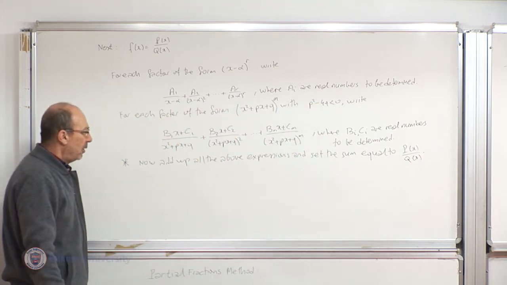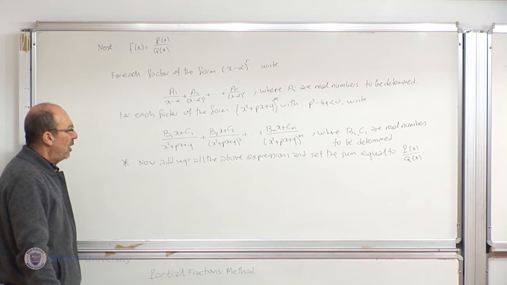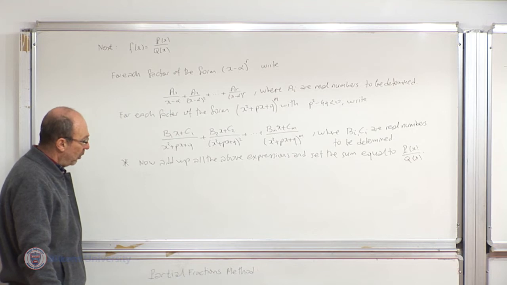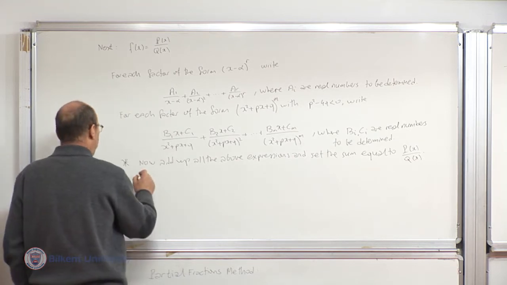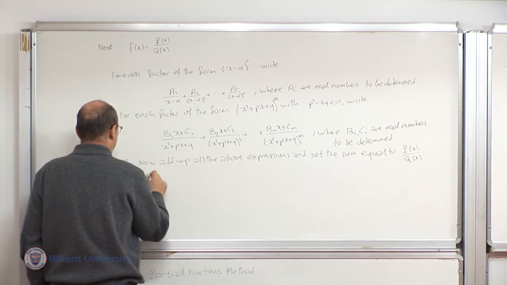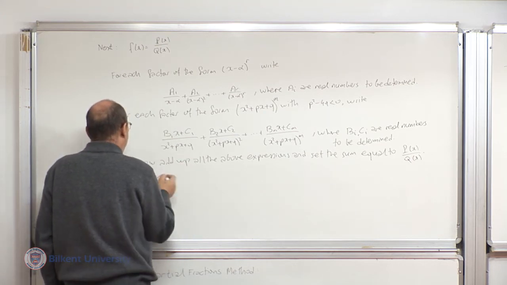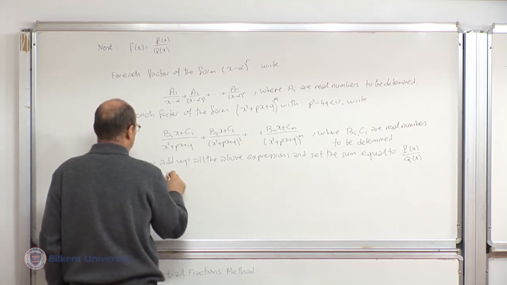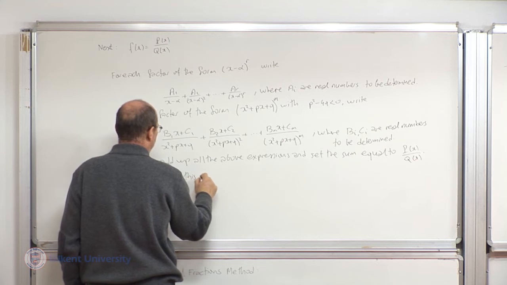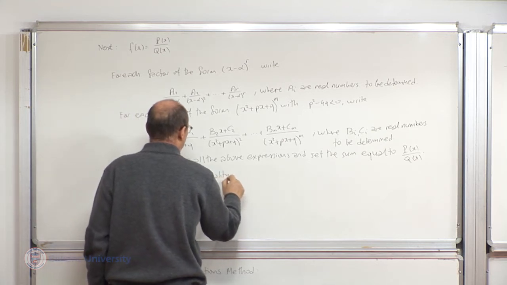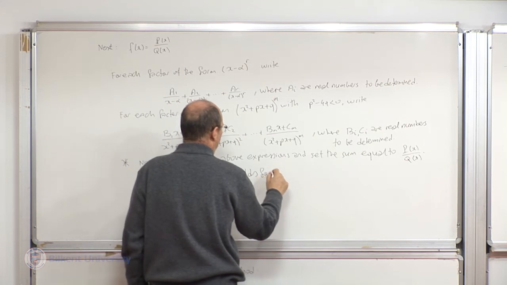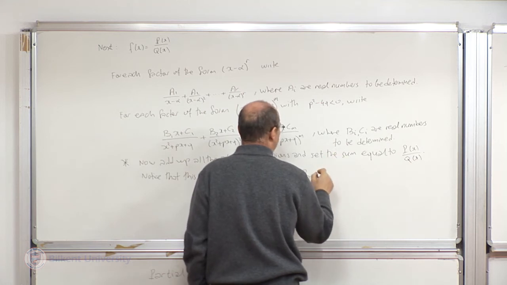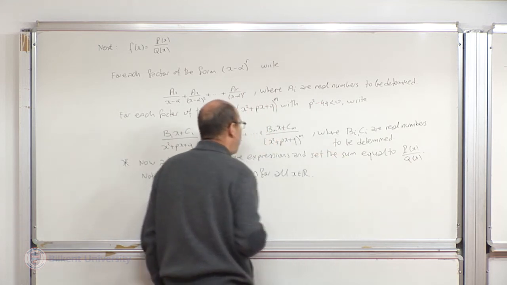Now you have an identity which holds for all x. Okay, so this identity, notice this is important. Well, this is theoretically important. When you are doing calculations, you assume this anyway. Notice that this equality holds for all x in R for which the denominator is different than 0.